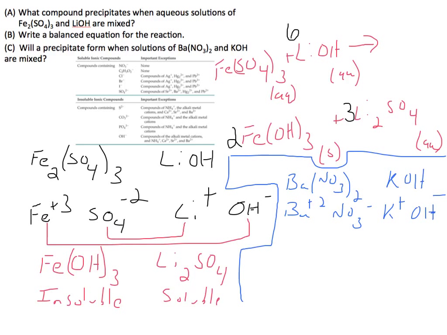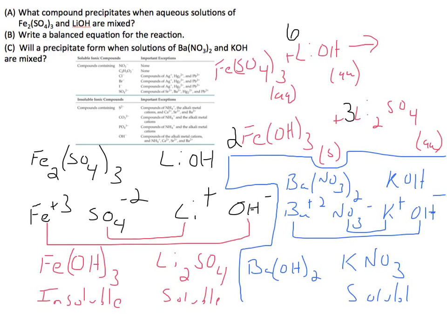Then we just combine these two and these two, and what we end up getting is barium hydroxide, Ba(OH)2, and potassium nitrate. Potassium nitrate is soluble, barium hydroxide is also soluble, and so for this question you get no precipitate.